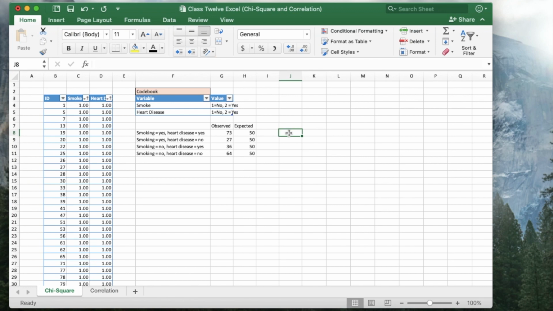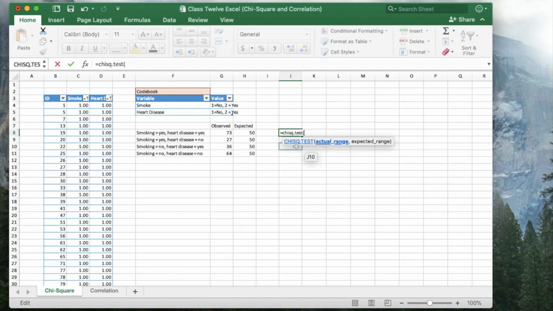Now, to run a chi-square test and produce a probability value to see if there is in fact a relationship between smoking and heart disease, we begin our equation with an equal sign, and then we type in chi-square test. Nothing's popping up, there we go.